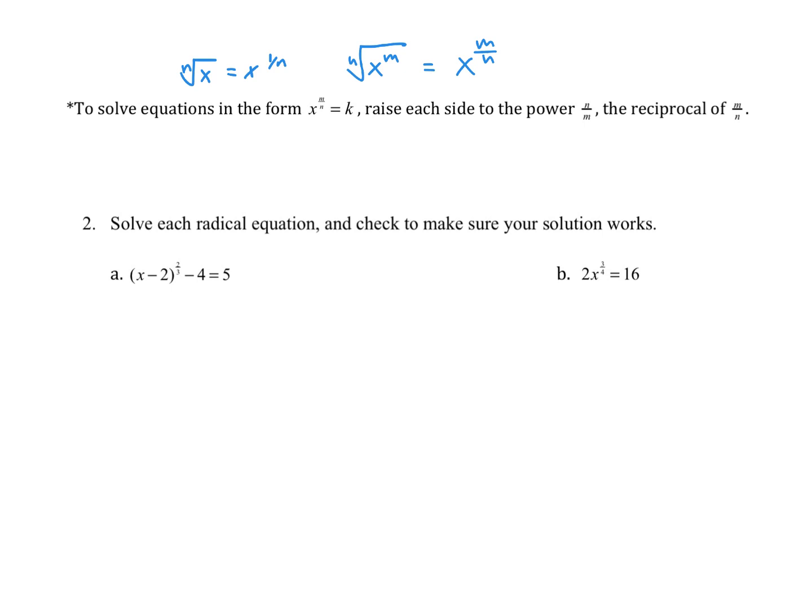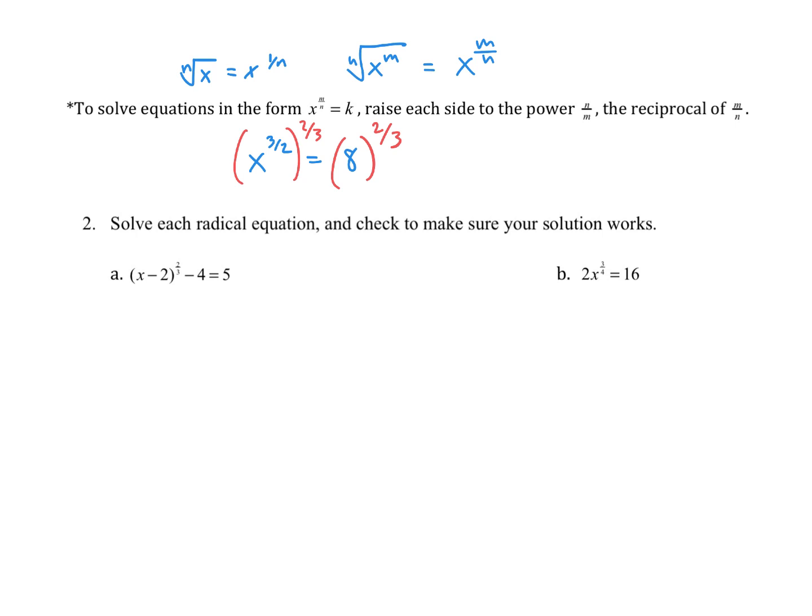So when we solve an equation with a fraction exponent, we use the reciprocal power to cancel out that fraction exponent. So if I were trying to solve x to the 3/2 equals 8, I could raise both sides to the 2/3 power.